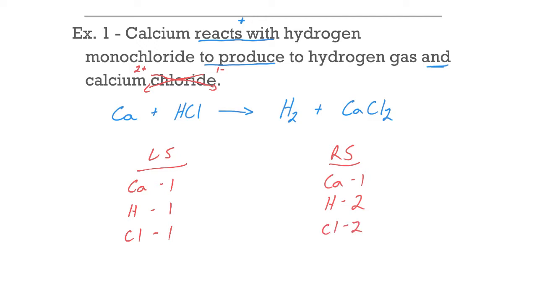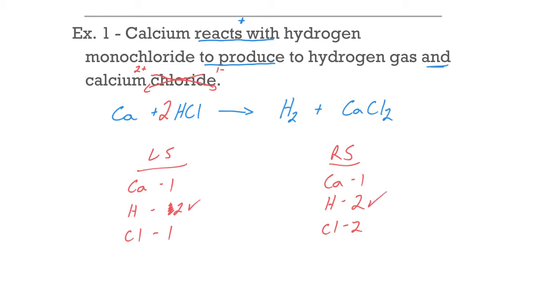And again, we need to balance this. So in order to balance my hydrogens, if I see that there's 2 on the right side, my product side, I'm going to add a coefficient here on the left side and indicate that I have 2 HCl's. Make sure to double check. So now that my hydrogens are balanced, I can also look at my chlorines.